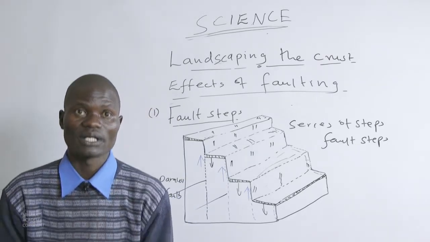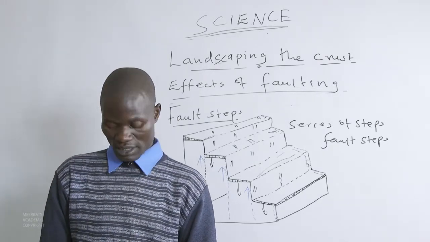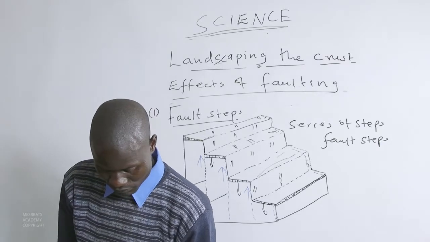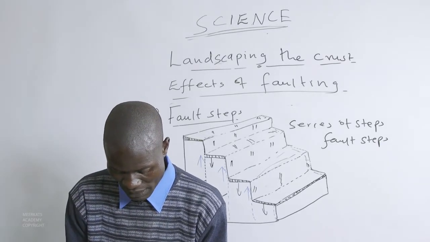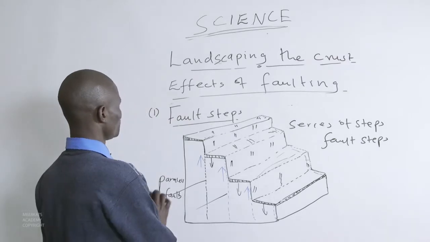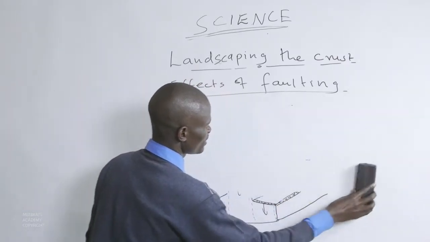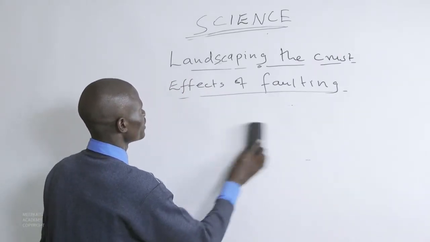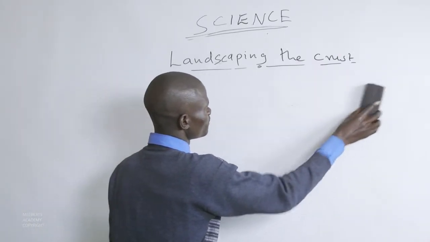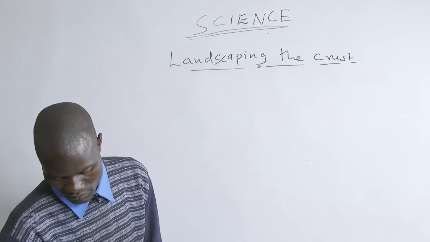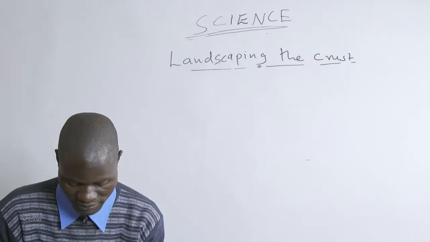Another feature that we are going to look at is referred to as the fault block. The fault block is going to be formed as a resultant feature.